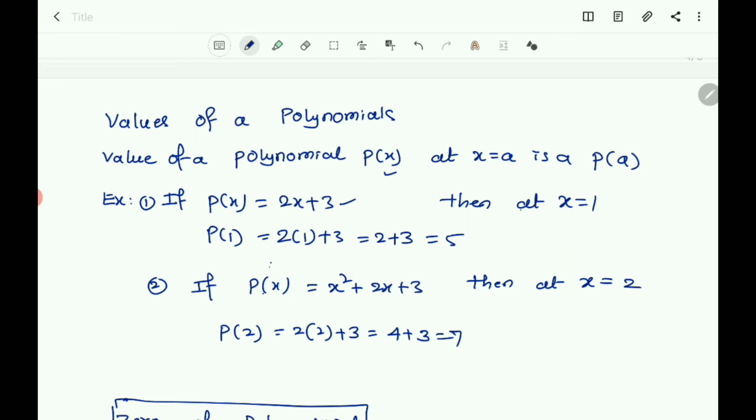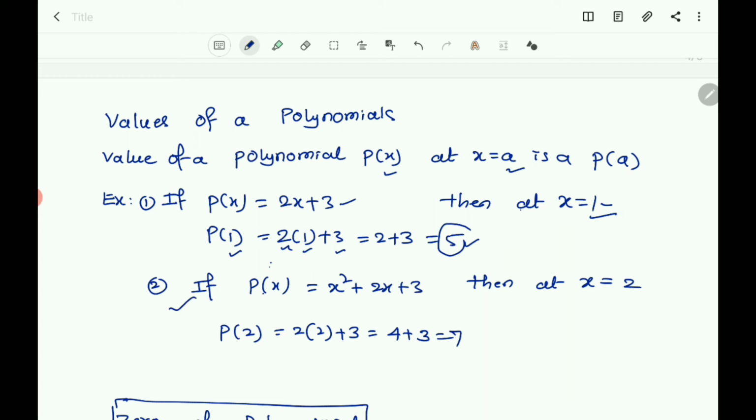Then at x equals 1, the value of a is 1. Then p of x becomes p of 1. That is, in the place of x we have to take 1. So it becomes 2 into 1 plus 3, equals 2 plus 3, equals 5. This 5 is the value of p of x at x equals 1.